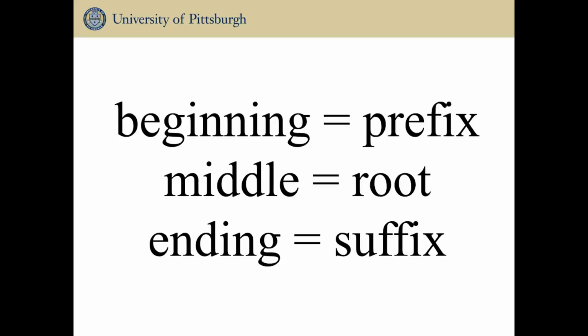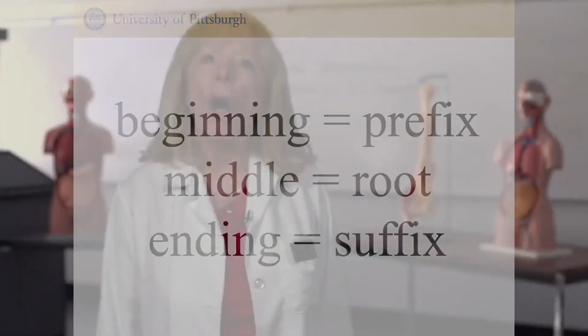These word parts are used across the sciences and derive from Greek or Latin words. The parts are usually the beginning or the prefix, the middle or the root, and the ending or the suffix. Often, a word consists of just the prefix and the root, or the root and the suffix.